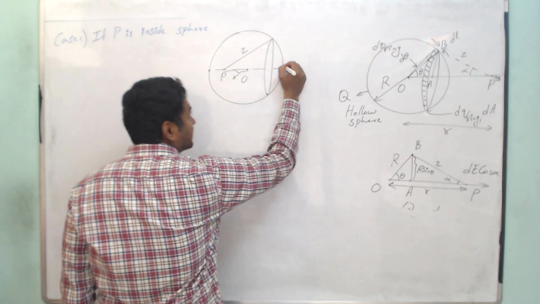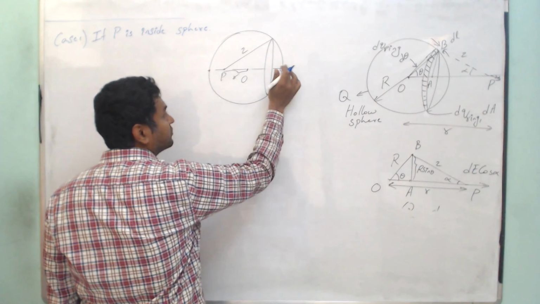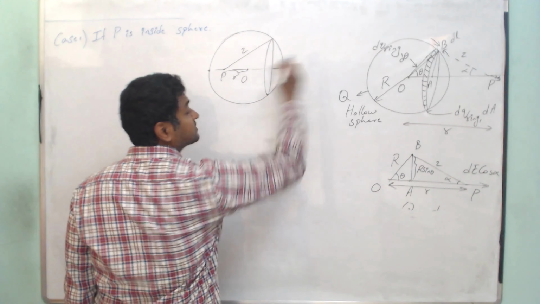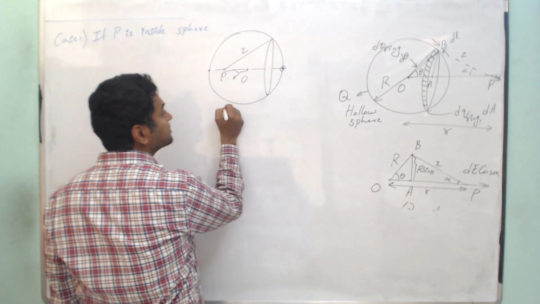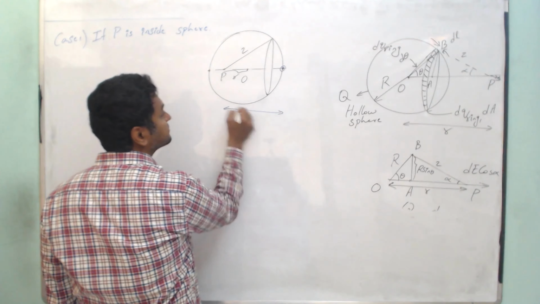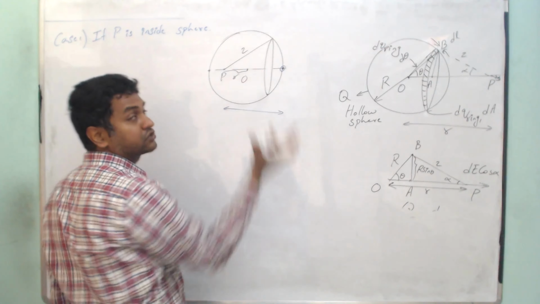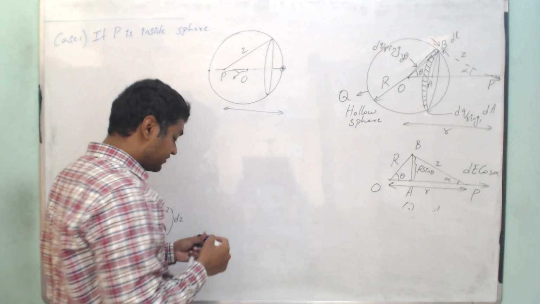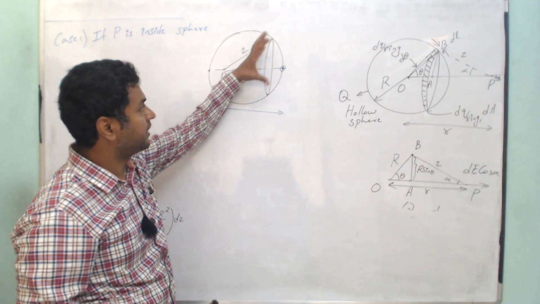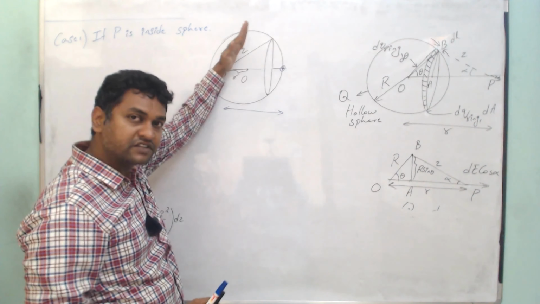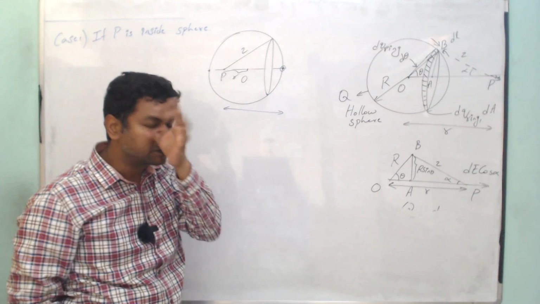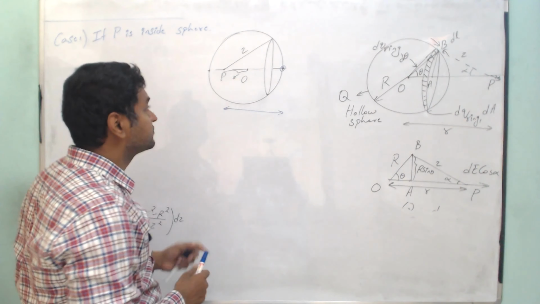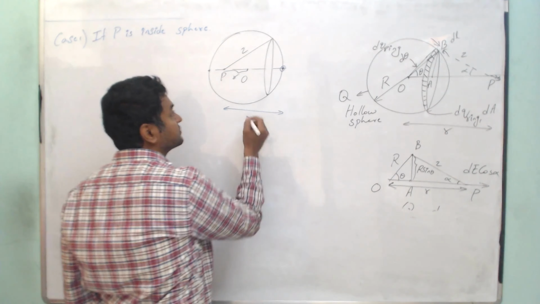I said starting from this point. When your element is at this point, what is the value of Z? Z also becomes a horizontal line. What is the length of Z in that situation?